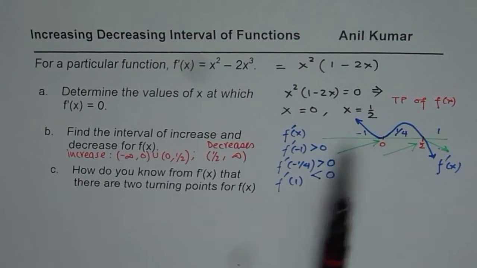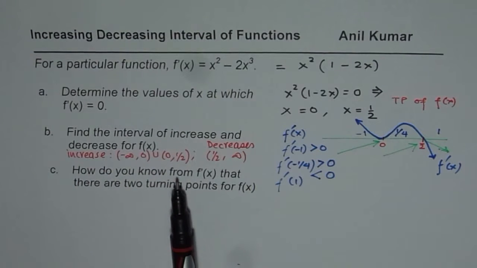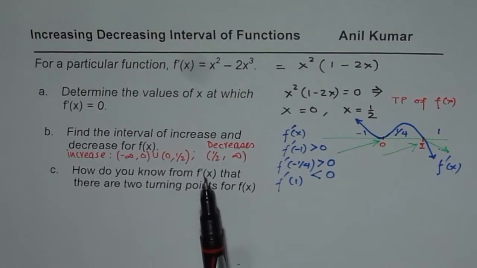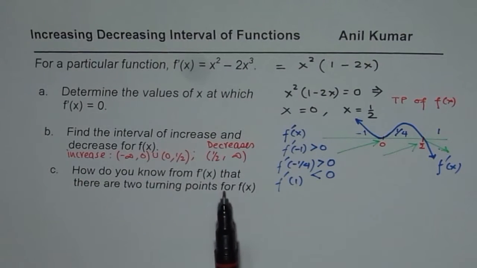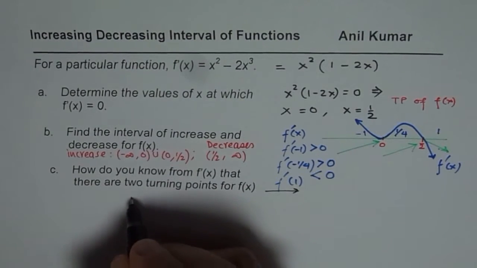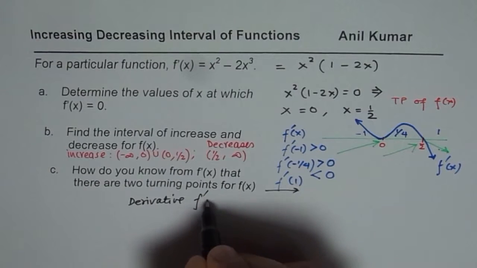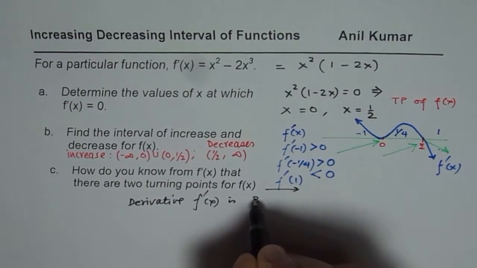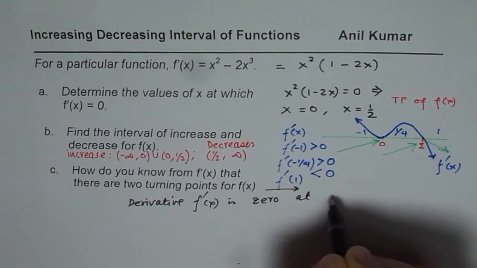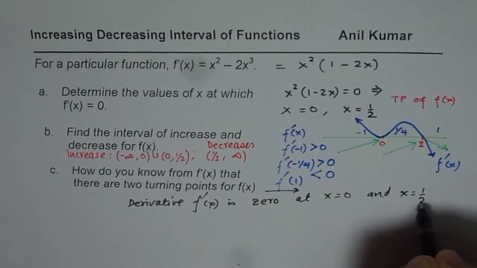Now let's answer part C, which says, how do you know from the derivative of the function that there are two turning points for f of x? That is known since we have two zeros of the derivative. f prime x is 0 at 2 points, at x equals 0 and at x equals half.